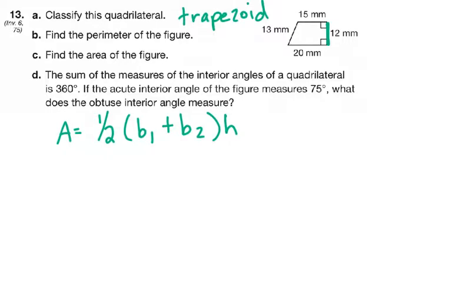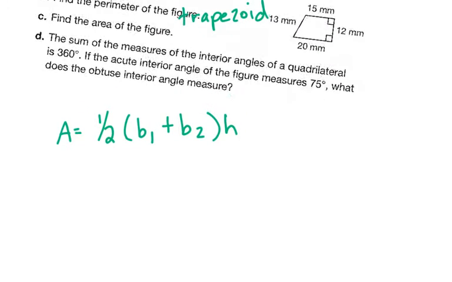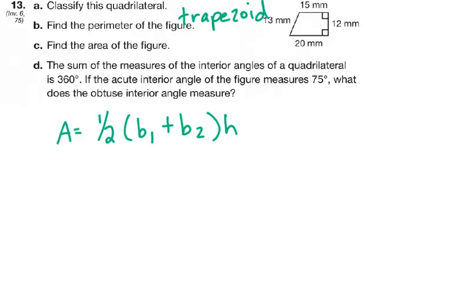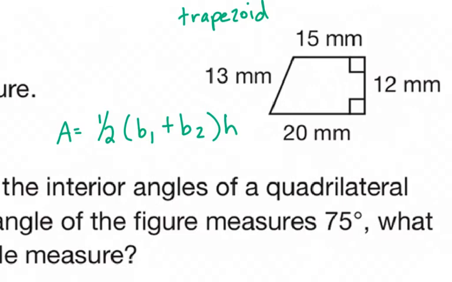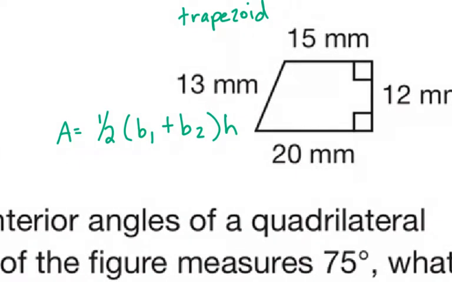And let's look at D. It says the sum of the measures of the interior angles of a quadrilateral is 360 degrees. So I'm going to make this a little bigger, maybe. And it tells us that this angle right here, this acute angle, is 75 degrees.